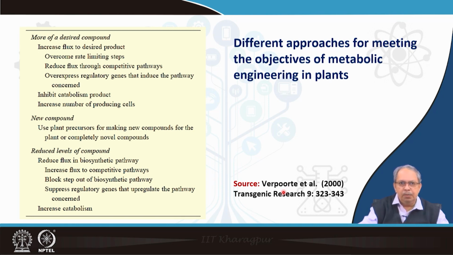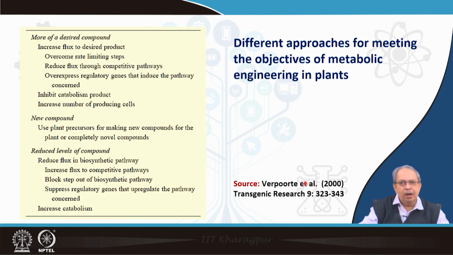Now, new compounds can be produced in the plant by introducing a metabolic pathway which is not occurring in your target plants, and that may produce a new compound. Or you can try to enhance a target compound by putting in a desired gene, but as a result of that gene expression, your target compound may get unaffected or even suppressed, while another compound gets enhanced, and that may be a new compound.